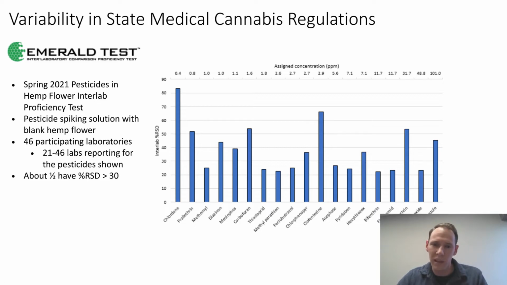So approximately half of these pesticide analytes have a percent RSD that is greater than 30. And I think this probably can be attributed to the fact that each lab is pretty much running their own internally developed method, and there is no standard method being utilized for this type of analysis.